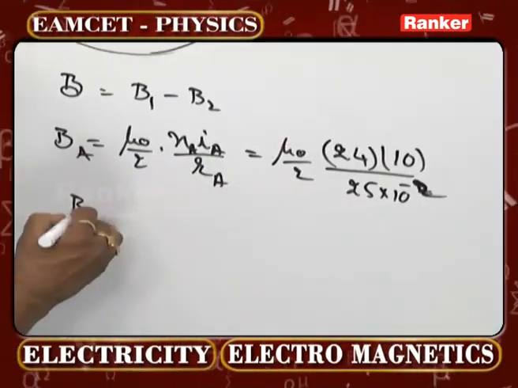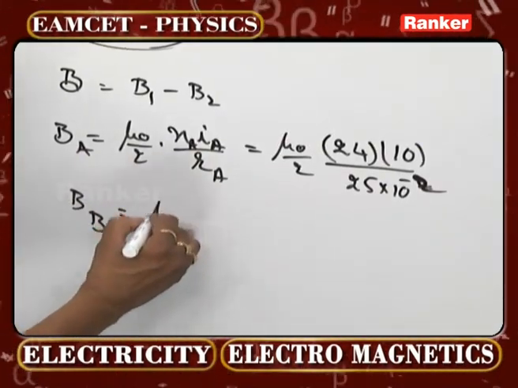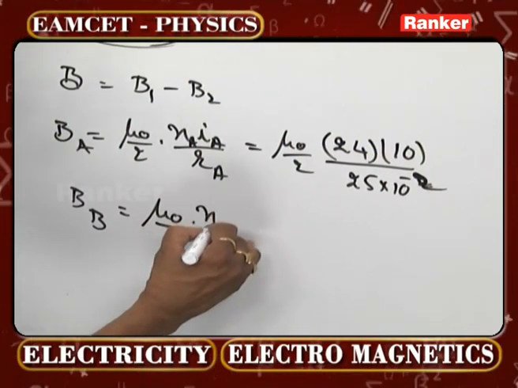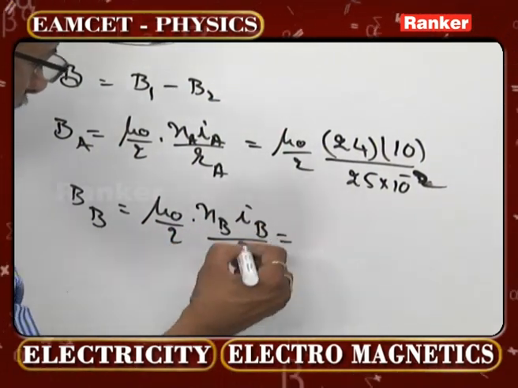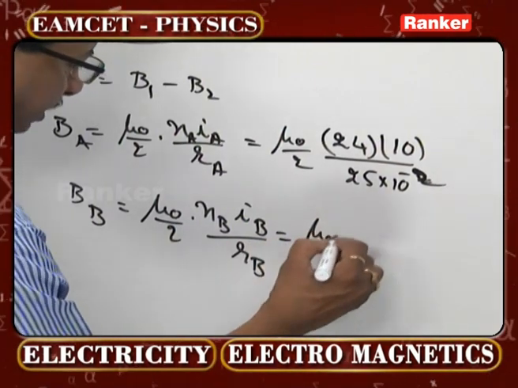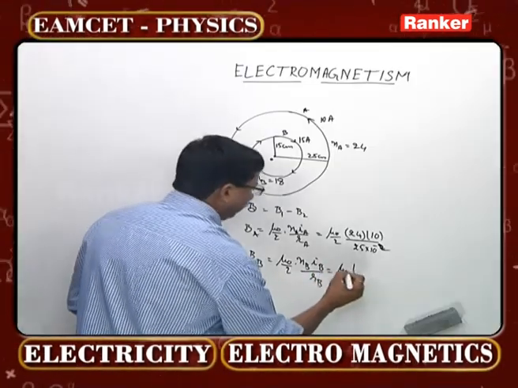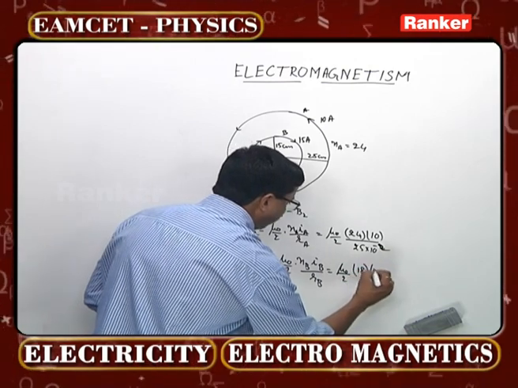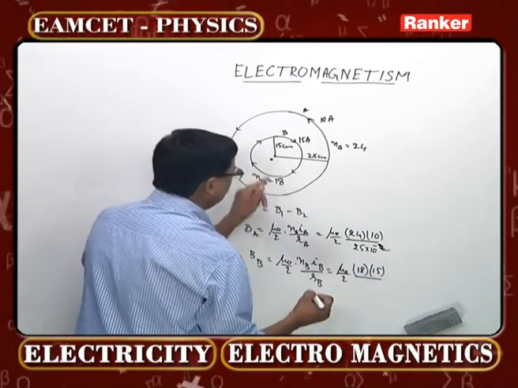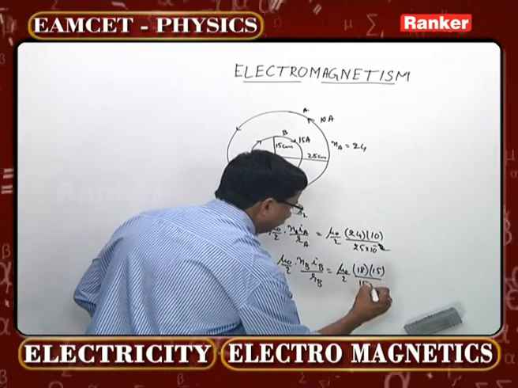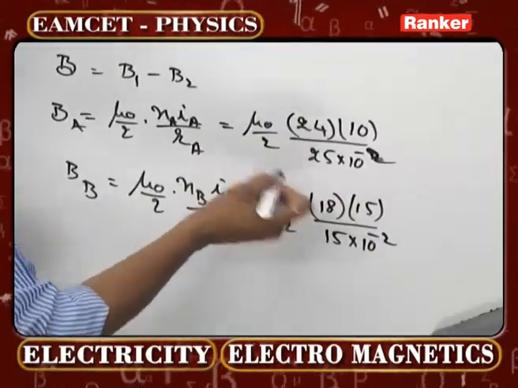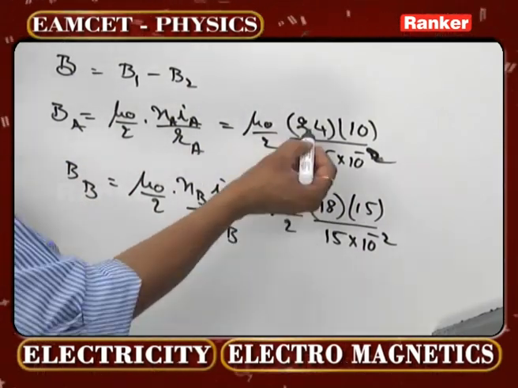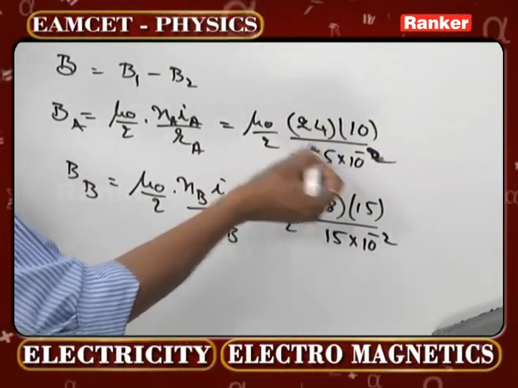Now what about B due to B? Mu naught by 2 again, Nb Ib by Rb. So mu naught by 2 you leave as it is once again. Nb is 18 turns. And what is the current? 15 ampere. What is the radius? 15 centimeter, 10 power minus 2. Now you can simplify this one. In what manner? 240 here, 240 by 25.